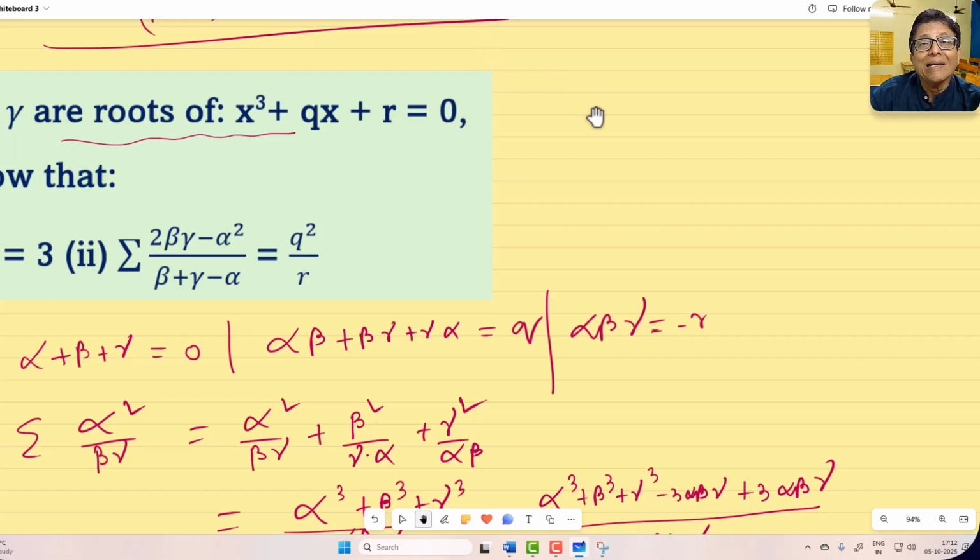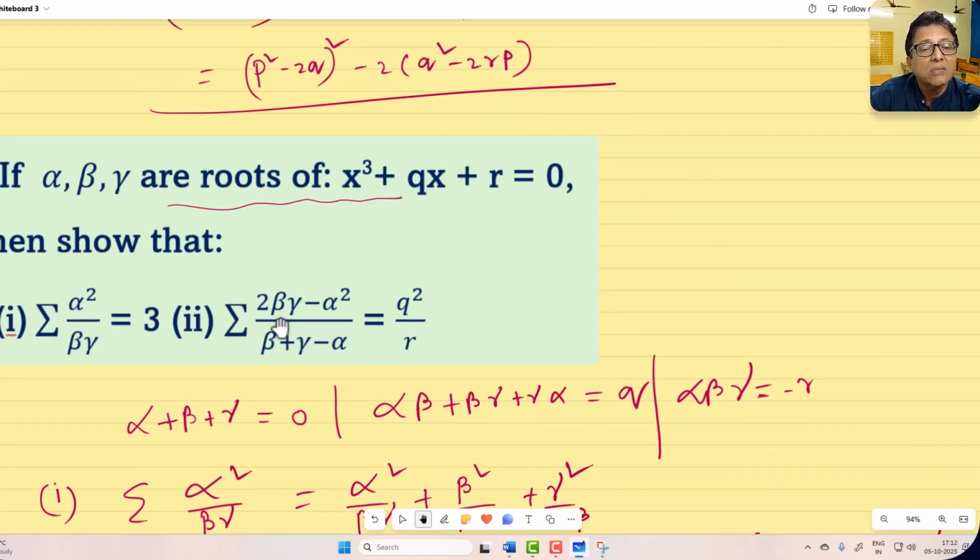Now for next one, can you tackle this one? Alpha plus beta plus gamma is 0 given because no x square is there. So this is huge, no? If you don't use something from the beginning. Let me do it here. We're going to do part 2. You just simplify it, 2 beta gamma minus alpha square by.